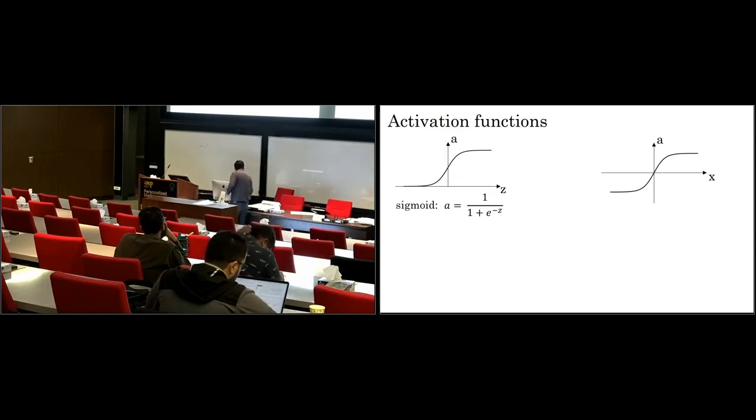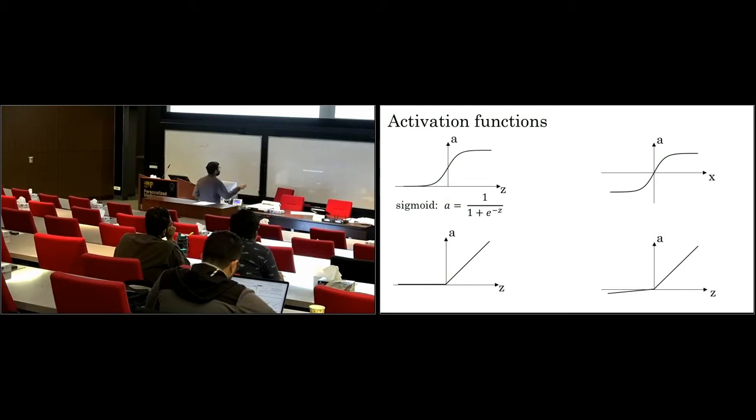And these are not the only activation functions that we have. We have this activation function as well, which has actually played a very huge role in the success of deep learning algorithms. Okay, it's called the ReLU activation function. Think rectified linear unit. But the definition is very simple. y is equal to x if x is greater than 0, and y is equal to 0 if x is less than 0.